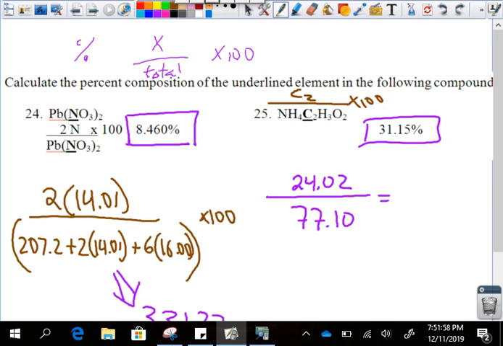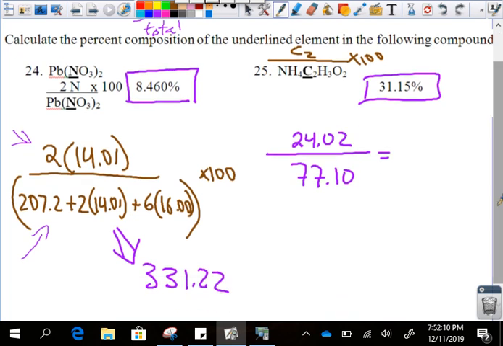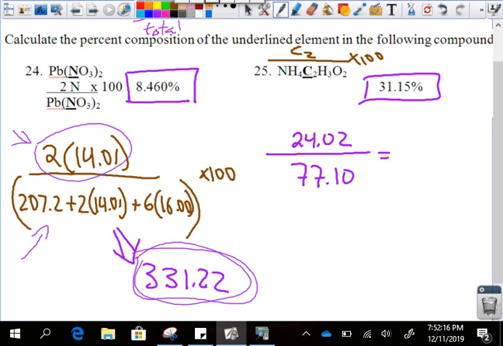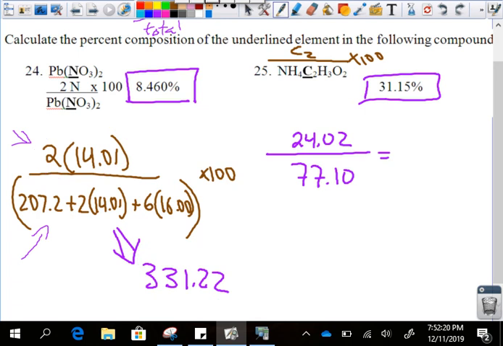So there's 2 nitrogens divided by the total. I then go to the periodic table and I grab the values. These are the values from the periodic table. 2 nitrogens, and the total is on the bottom. The total comes out to 331 on the bottom. So when you do this divided by the total and you multiply it by 100, you get 8.46% nitrogen.